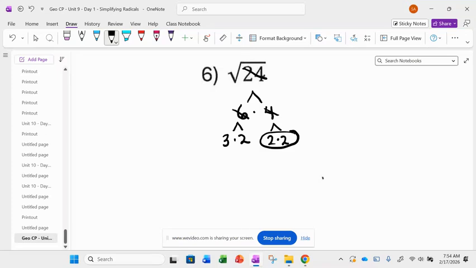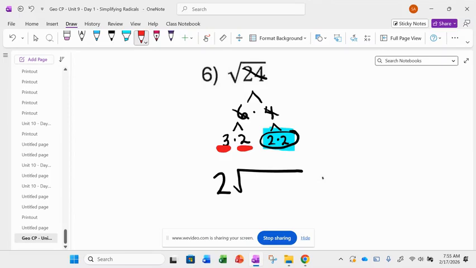But let's say we broke it down. We circled one pair of 2s. So that means 1, 2 is going on the outside. Anything else going on the outside? No, only what we circle goes on the outside. So 1, 2 is going on the outside. And now it looks like I have 2 numbers that are neither circled or crossed out. I have a 3 and I have a 2. Guess what operation I'm going to do with those? Any guesses?